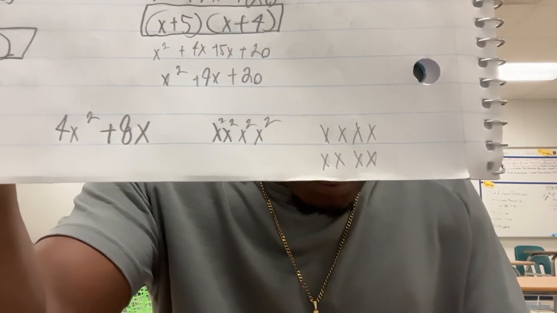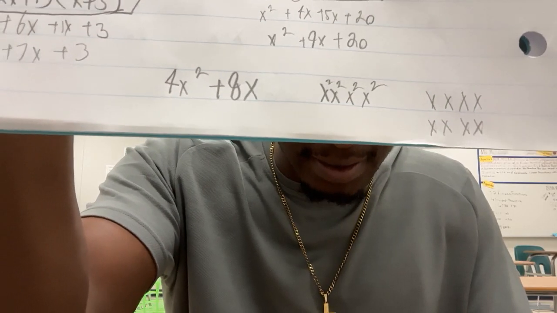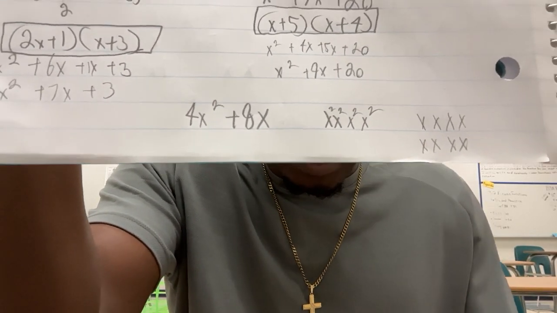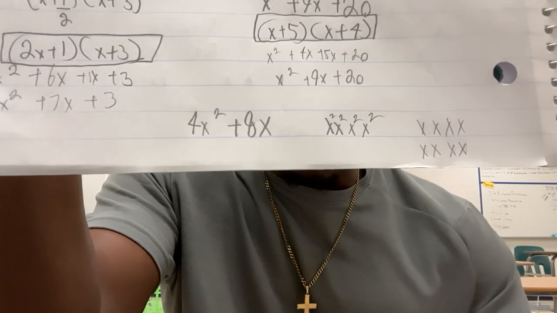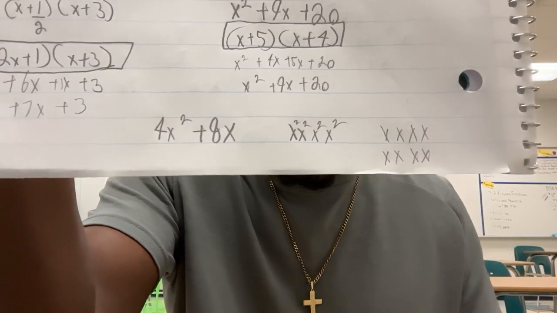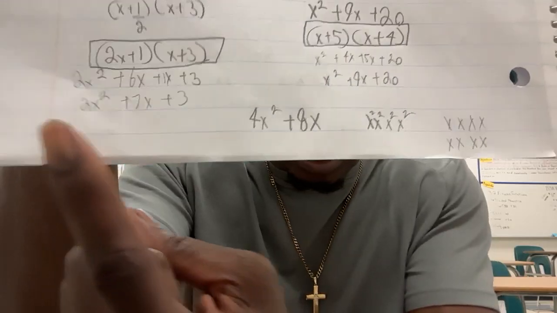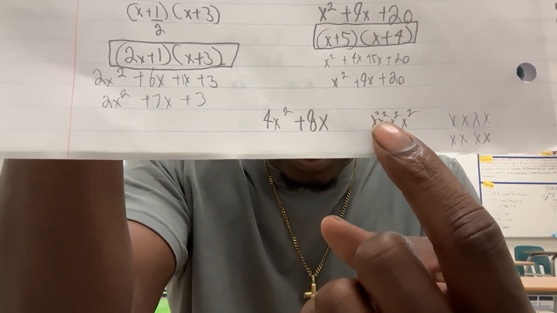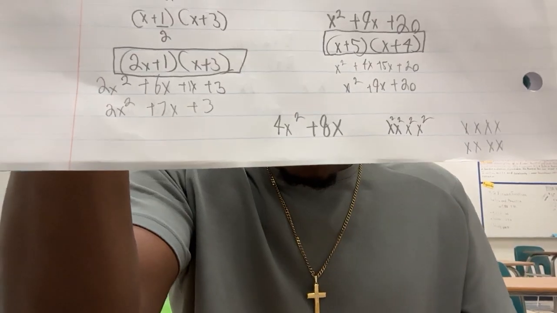So I did that here. 4x squared plus 8x. I got a total set of 4x squares, and I got a total set of 8x's, and they're paired by 4s. Look at that. What do they have in common? 1, 2, 3, 4. What variable do you see consistently?